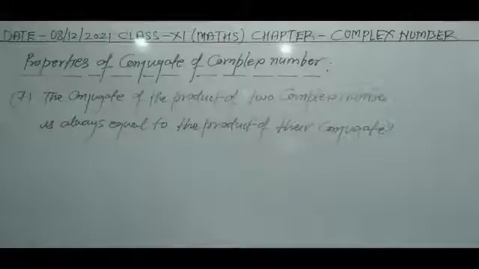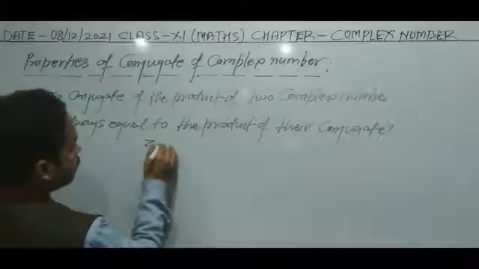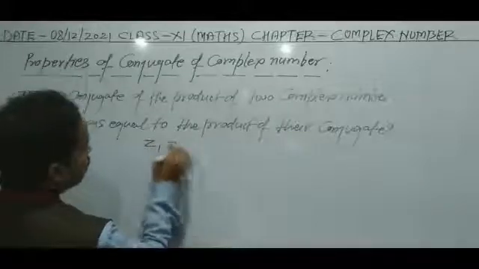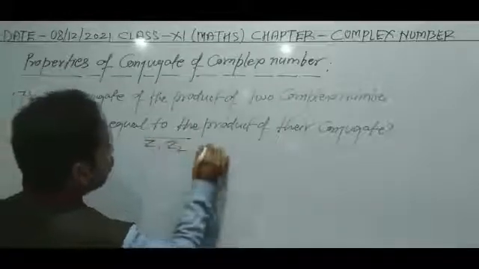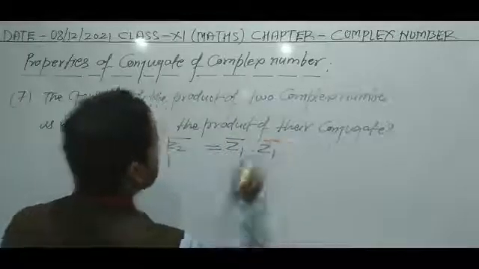Now what we can write? We can write conjugate of Z1 Z2 is equal to Z1 conjugate into Z2 conjugate.